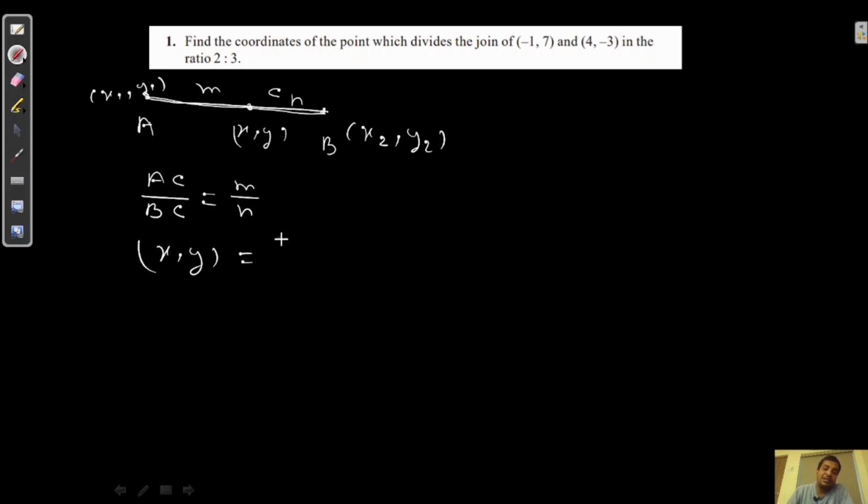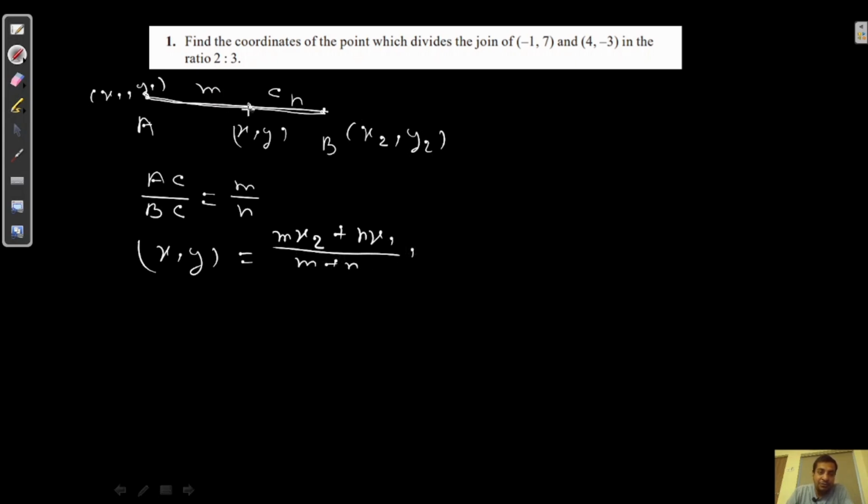We have seen, say with me, this n should be joined with x1. So let us start: m with x2 plus n with x1 upon m plus n, comma.